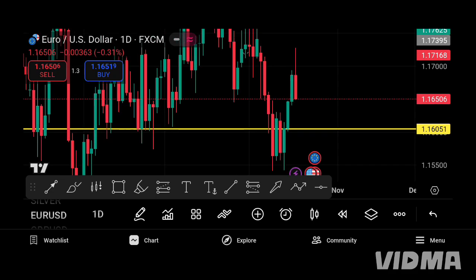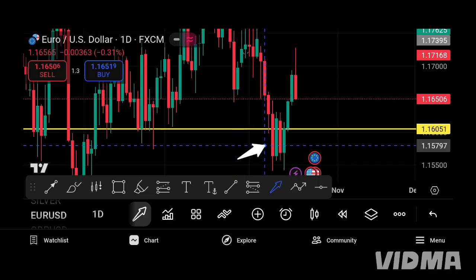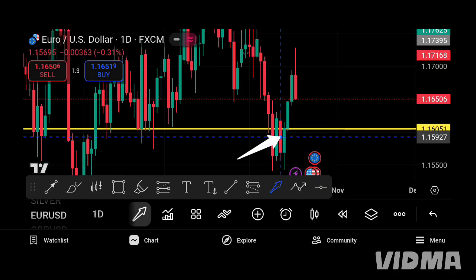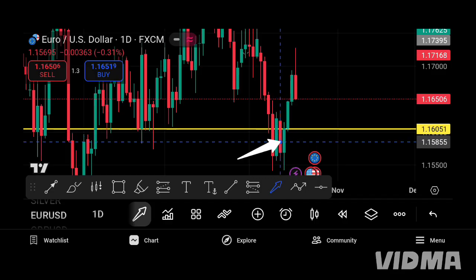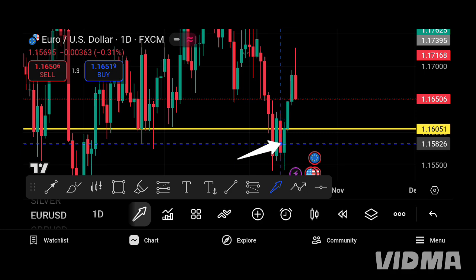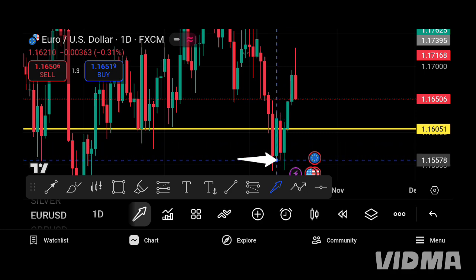After that, you can see this red candle here down, in between this blue and this blue candle. This is the low of this candle.